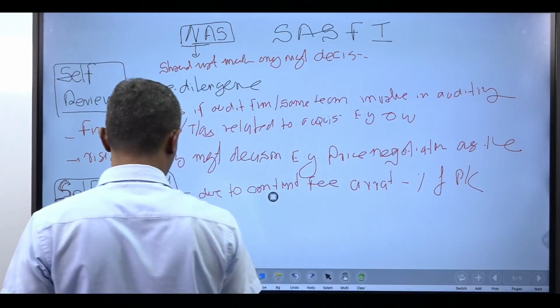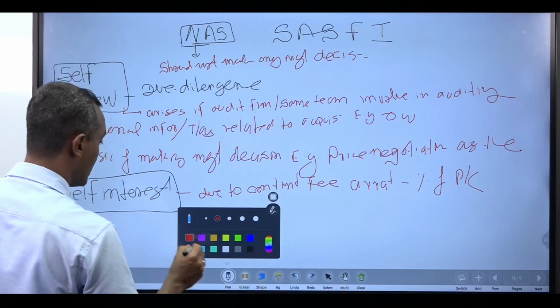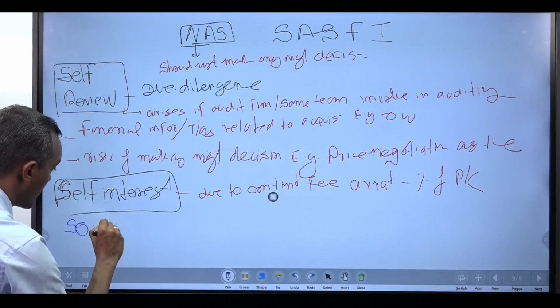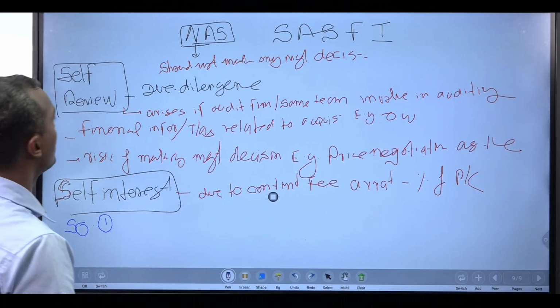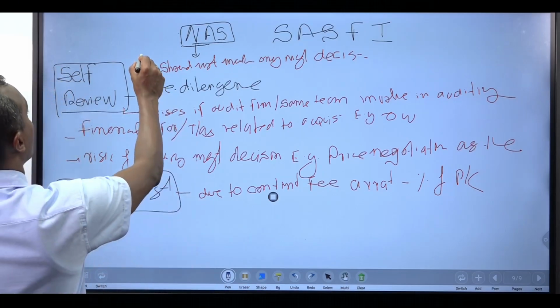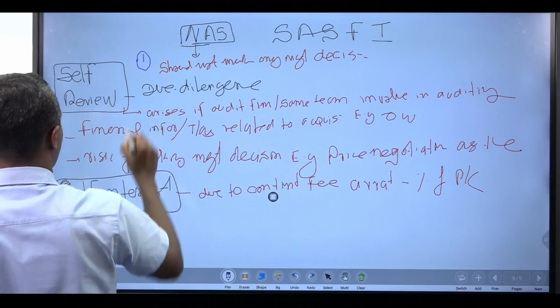So please write the safeguards. What are the safeguards? I'll write in a different color to address this. Safeguard number one: I wrote somewhere what the golden rule is, the auditor should not make any management decision.